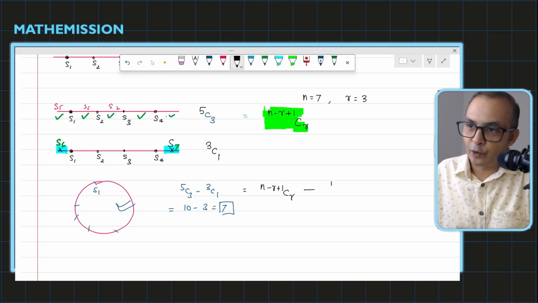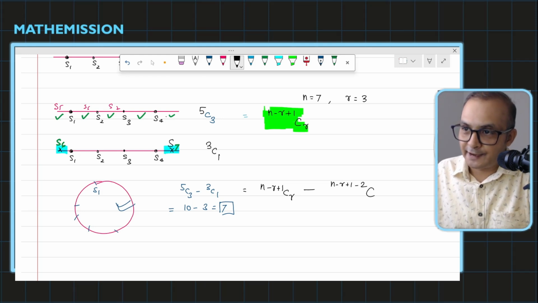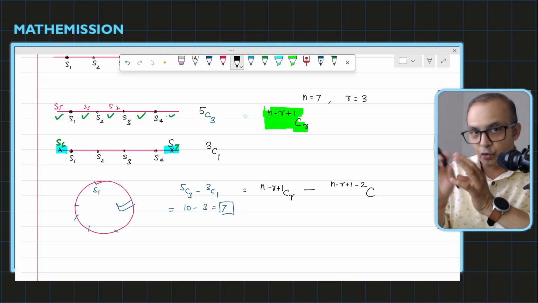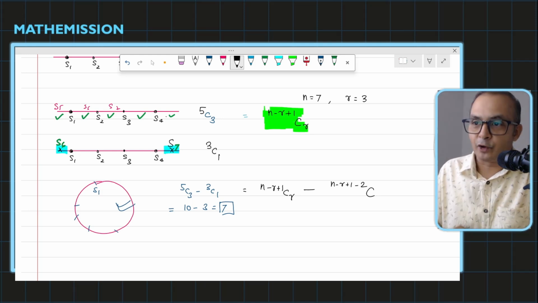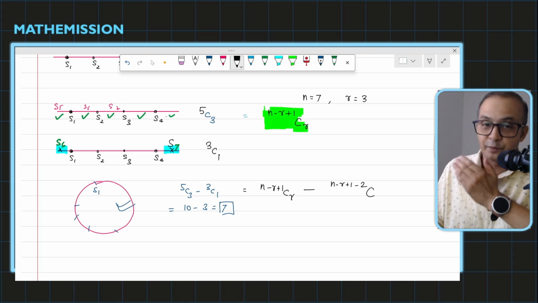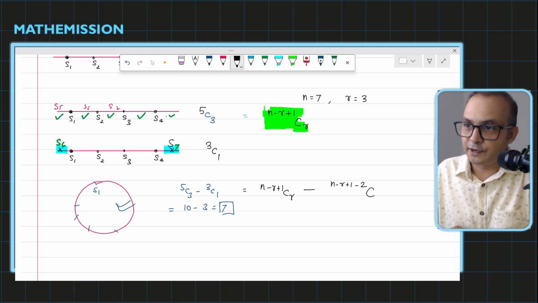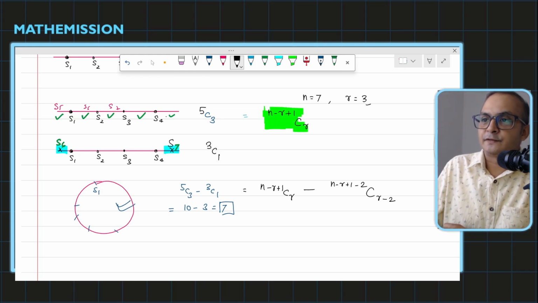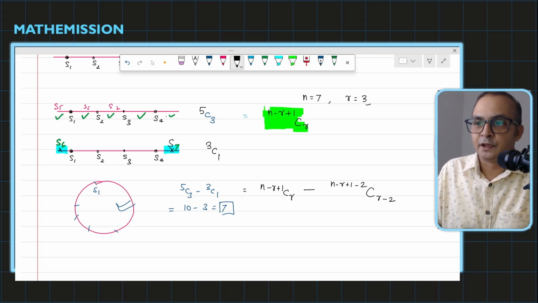It means out of n minus r plus 1 minus 2, we are selecting how many things? Because already we have given 2 items to those places. So out of r stoppages of our choice, I have only r minus 2 stoppages. It was originally 3 and we have given 2, it became 1. So this is the formula.